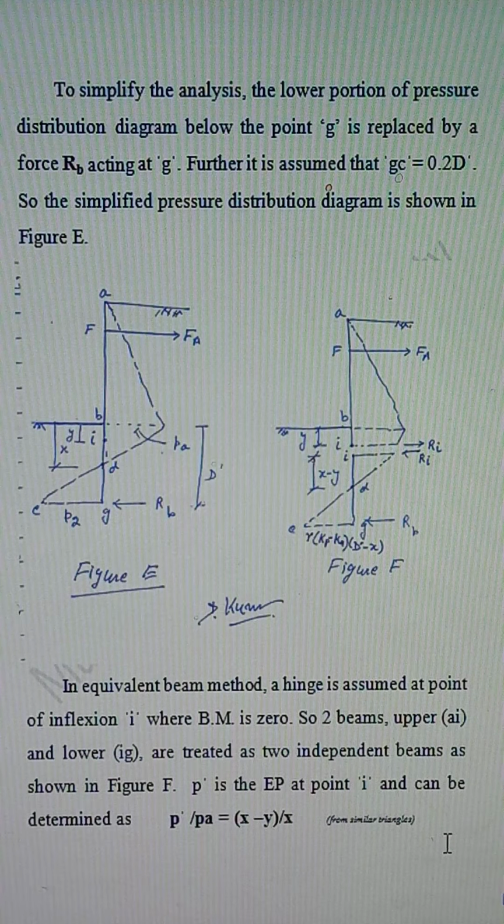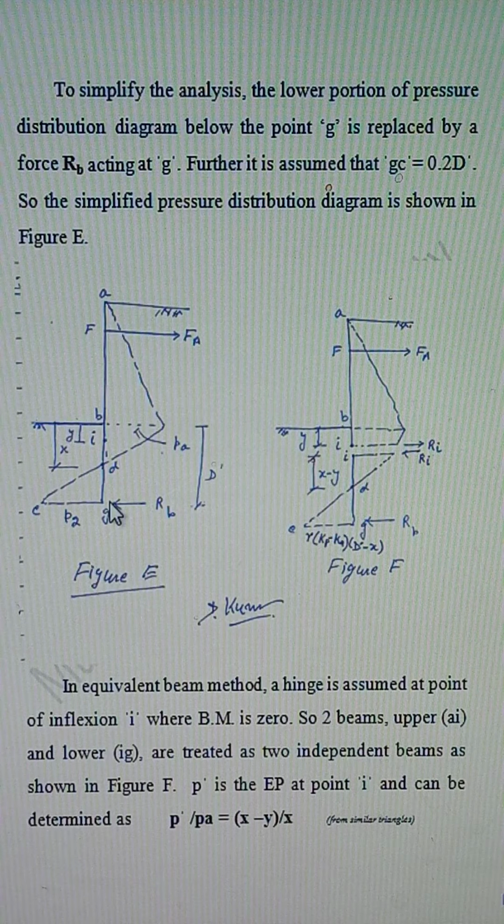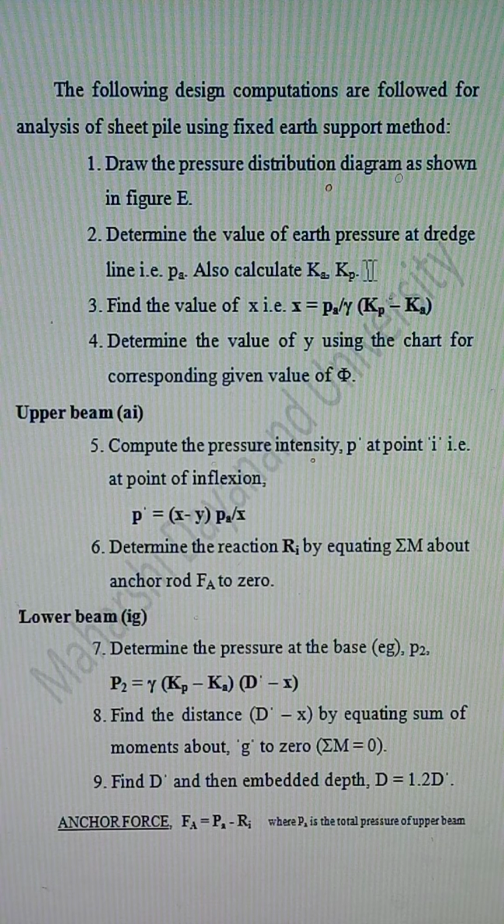The design steps to determine the embedded depth and anchor force are as follows. First, draw the pressure distribution diagram as shown in figure E. Then determine the earth pressure at the dredge line, PA, with the formula Ka gamma h, after calculating the coefficients of active and passive earth pressure.